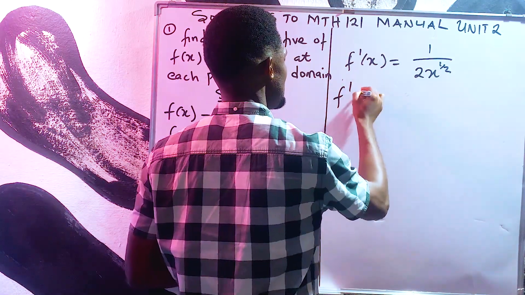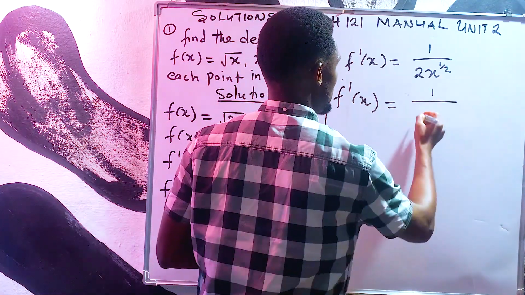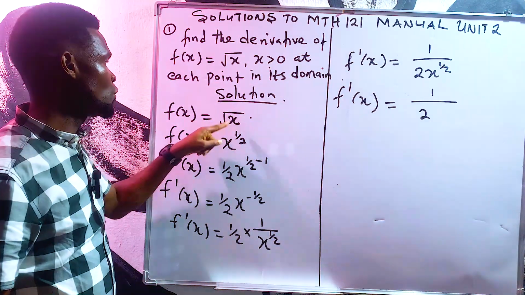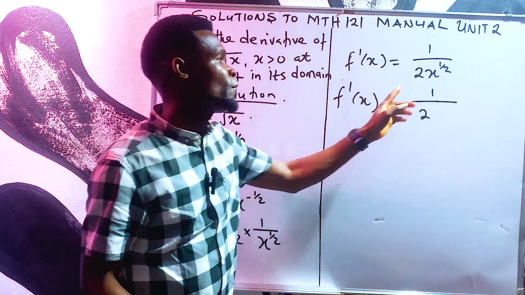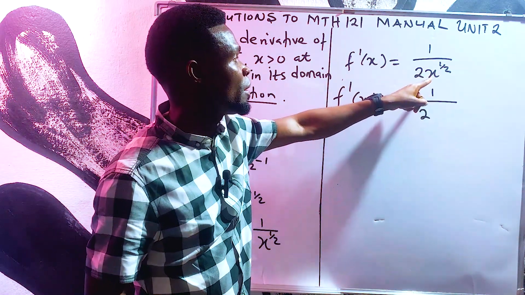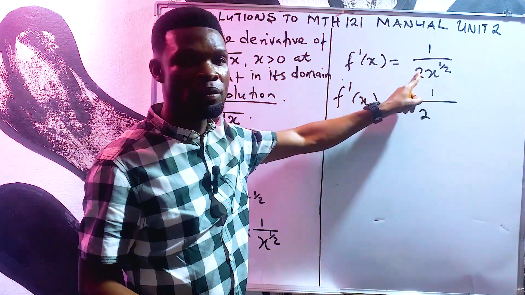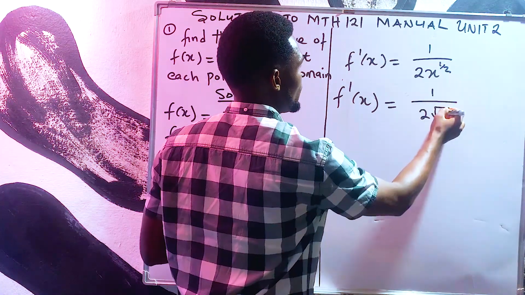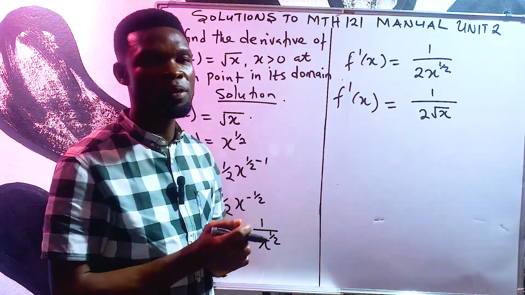Now don't forget that we said root x is the same thing as x raised to the power 1 over 2. So after differentiating, since I have x raised to the power 1 over 2, remember that 1 over 2 means square root. So you put it back. This means square root of x. So that is the derivative of that function.